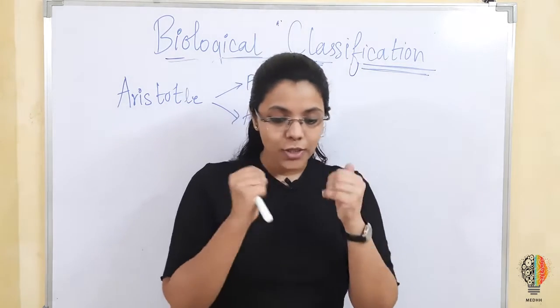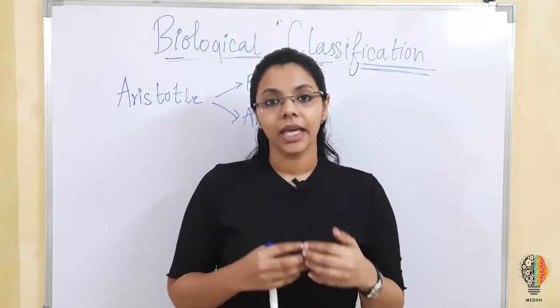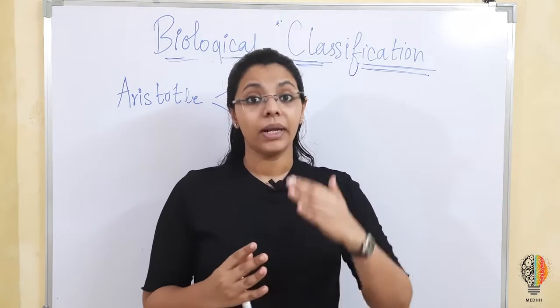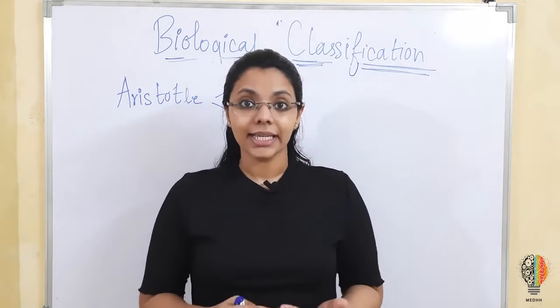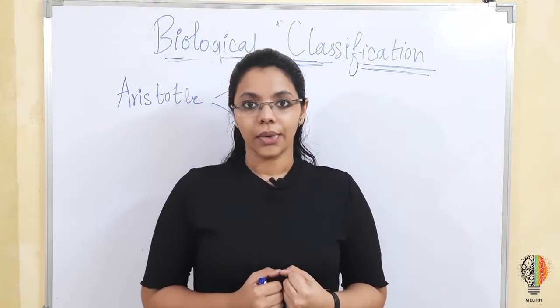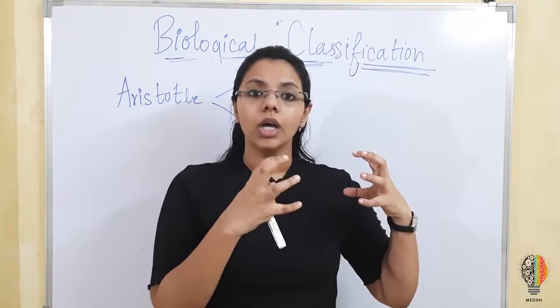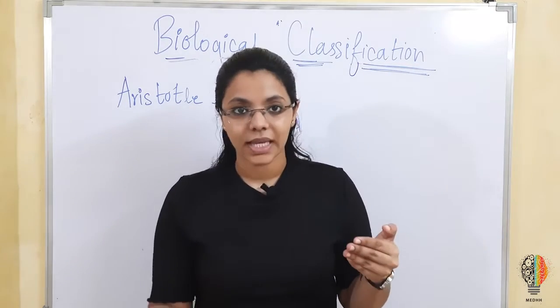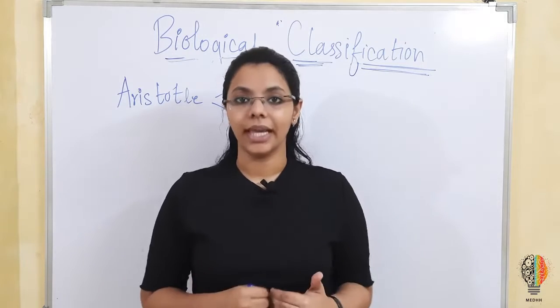Okay, students, you need to understand one thing. Gaining knowledge is important. But more important than that is that you have to apply that particular knowledge. We have to get use from that knowledge, how we can benefit the society from the knowledge we have gained.